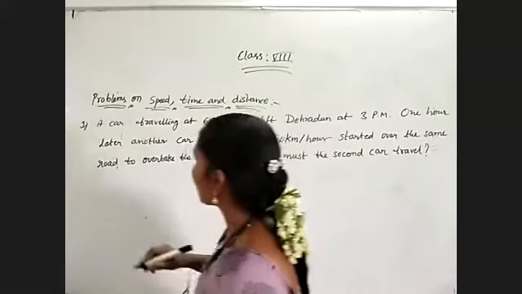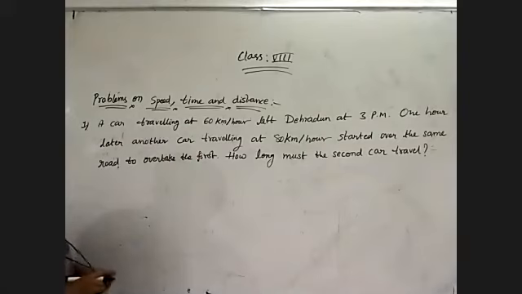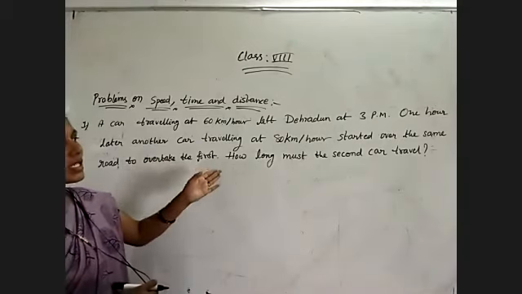Okay, observe the question. A car traveling at 60 kilometers per hour left Dehradun at 3 p.m. So at 3 p.m. it started with the speed 60 kilometers per hour. And 1 hour later, another car traveling with the speed of 80 kilometers per hour started over the same road to overtake the first one. How much time is the second car taking?